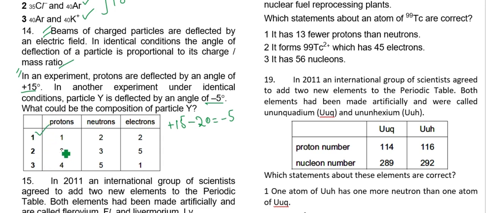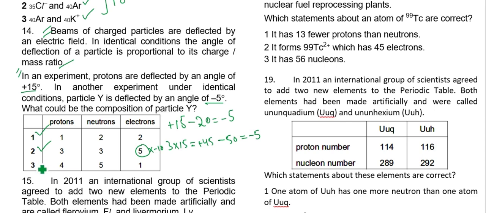In suggestion 2 he says 3 protons, meaning 3 times 15, which is plus 45, but there are 5 electrons. As I said, one electron is deflected by -10, so it will be -50. This also gives us the answer of -5, so this suggestion is also correct.